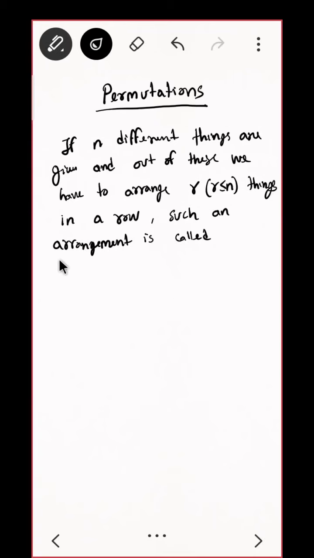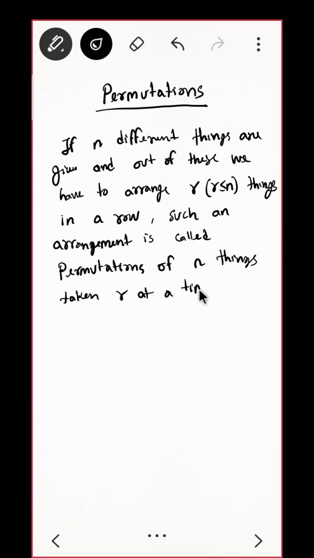Permutation of n things taken r at a time. It is denoted by nPr, something like that.